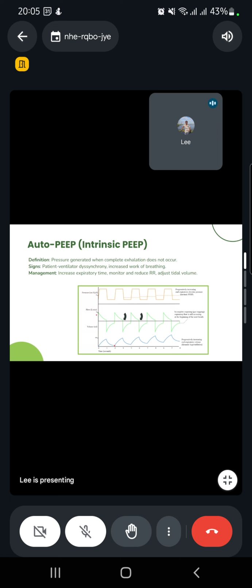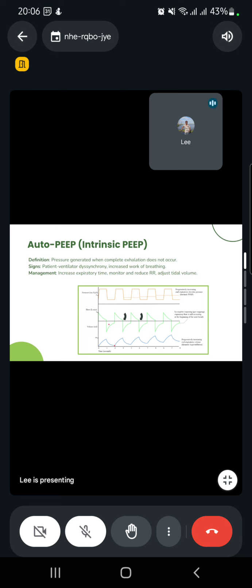The flow coming down towards zero is your expiratory phase, and coming up towards zero is your inspiratory. So as you're trying to exhale, the flow does not get to zero before the next breath comes in. And that's the problem.